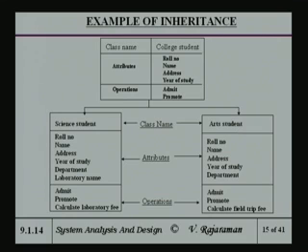And then you can have subclasses which inherit some of the attributes, like science student: roll number, name, address, year of study will again be repeated because that is common for all students.